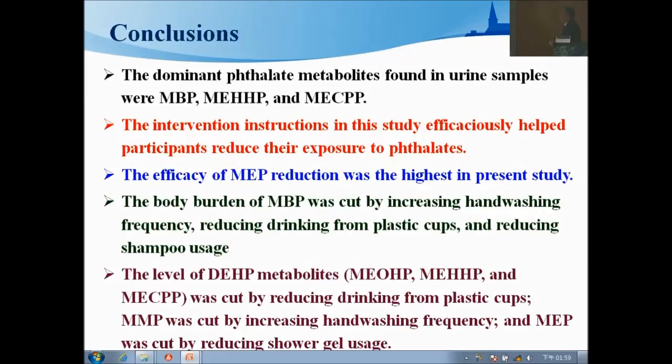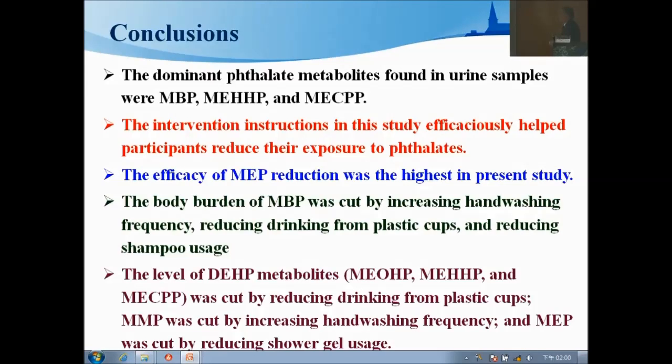The 40% of NDP was also covered by increasing hand wash frequency, reducing drinking from plastic cups, and reducing shampoo usage.